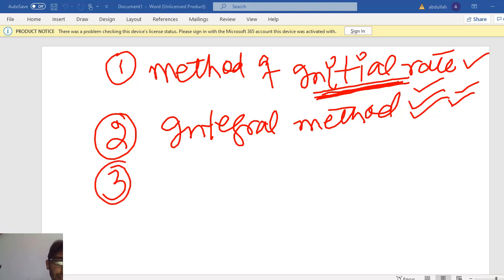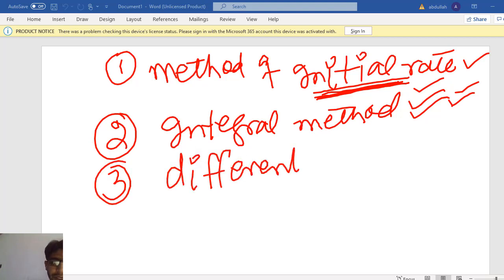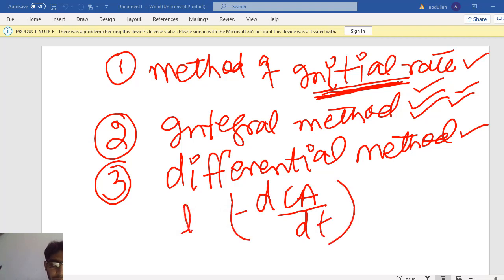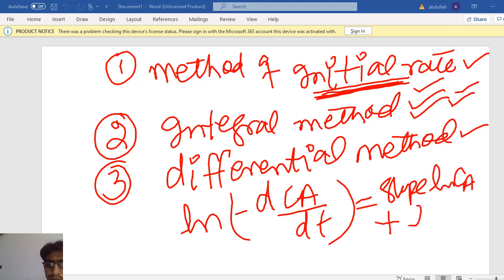Similarly, there is another method called the differential method. In the differential method we use the differential form of the rate law: ln of minus dCA by dt equals the order times ln CA plus ln of some constant.